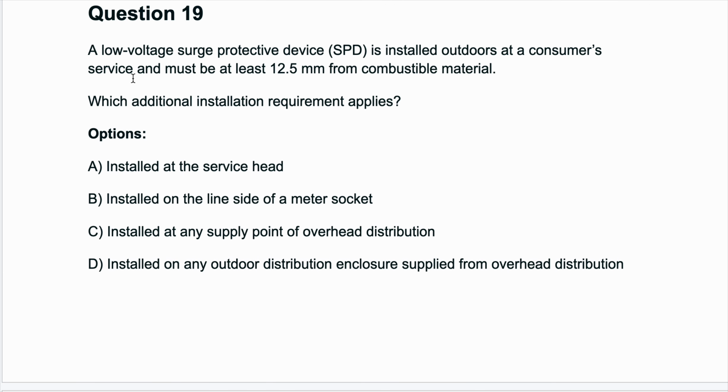Let's go to question 19. A low voltage surge protective device (SPD) is installed outdoors at the consumer service and must be at least one for. So which additional installation is required? Okay, low voltage surge. It says surge protective devices.